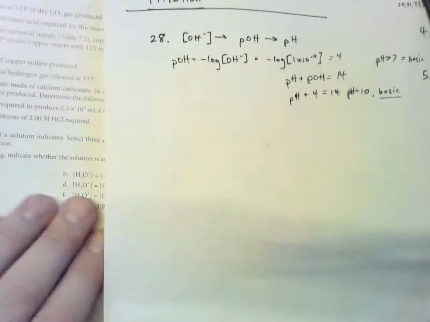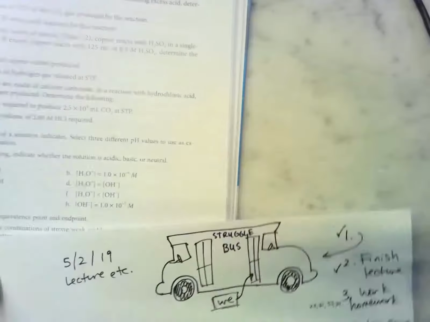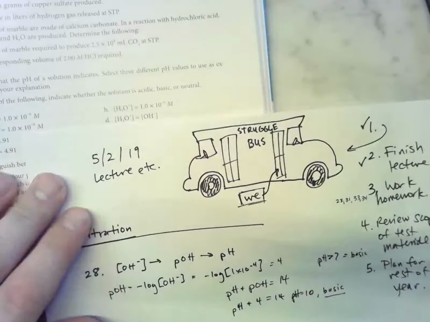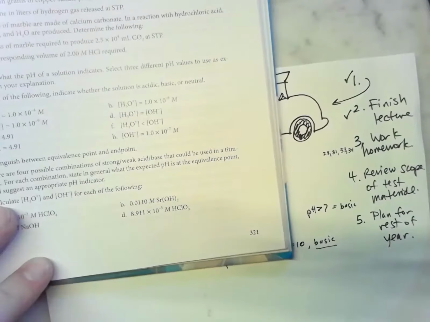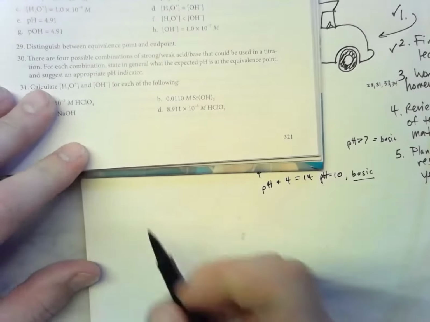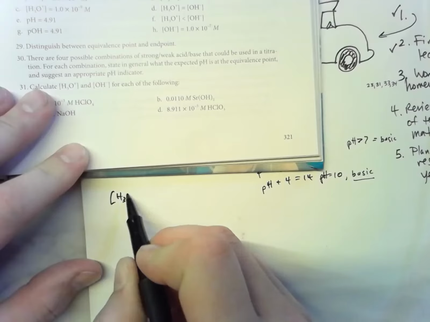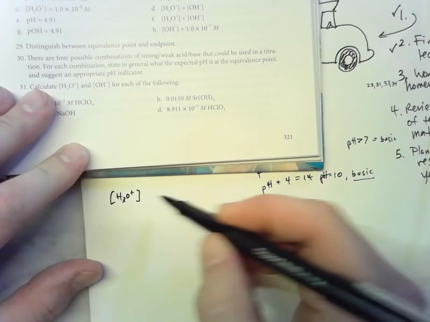B here. I'm trying to do this in a kind of awkward place on the page, so let me go up. There we go. H3O plus: how do we get to pH?